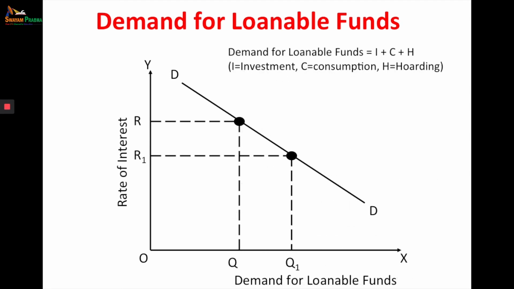And the demand for loanable funds is equal to I plus C plus H: investment, consumption and hoarding. These three things are the reasons for demand for loanable funds.